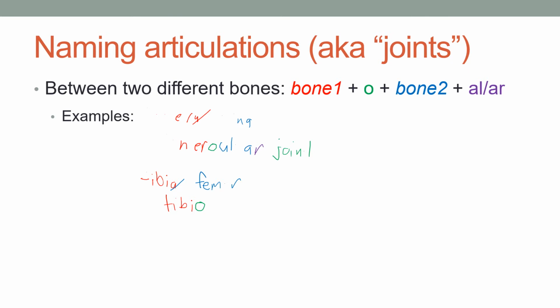And then to make the Latin adjective form of femur, you actually have to change the U to an O, so it's femoral. How do you know that? I'm afraid that's just one of those oddnesses of the language that you have to memorize. There's no rhyme or reason that I'm aware of why femur turns into femor, but ulna stays as ulnar.